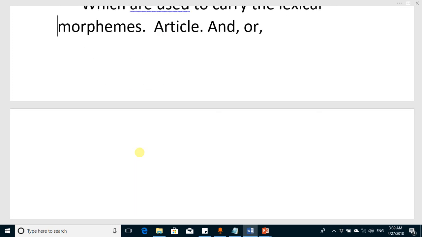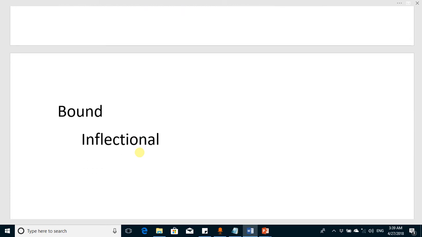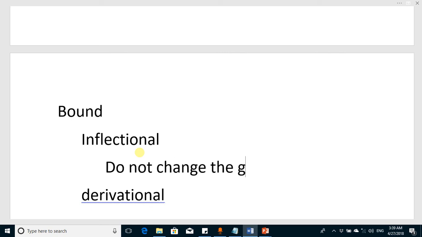And next is bound morphemes. Bound morphemes have two subtypes: inflectional and derivational. Inflectional morphemes are those bound morphemes which, when used with some other word, do not change the grammatical type.